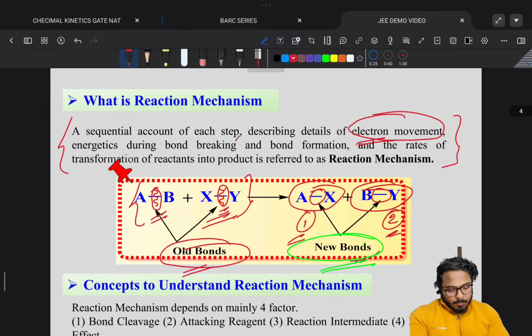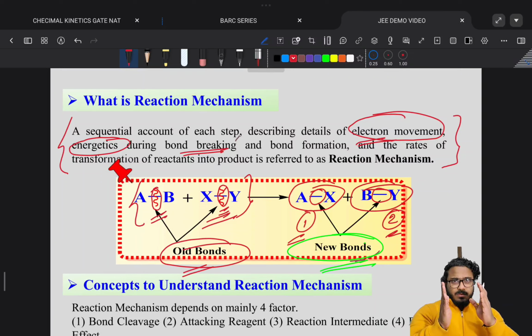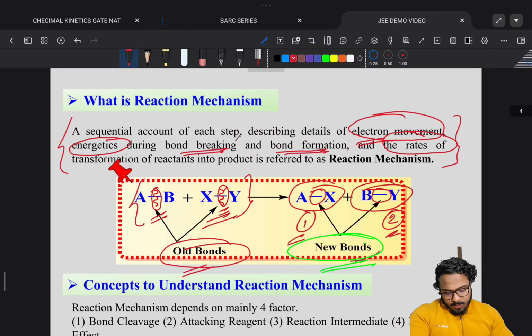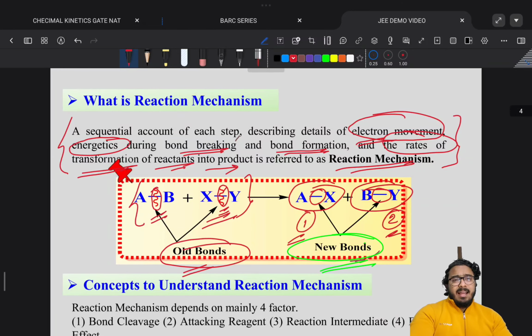This is very important: energetics during bond breaking and bond making, because in bond making some energy is released, but in bond breaking some energy is required to break that bond. Bond formation and the rates of transformation, of reactant to product, is referred to as reaction mechanism, as I told before.